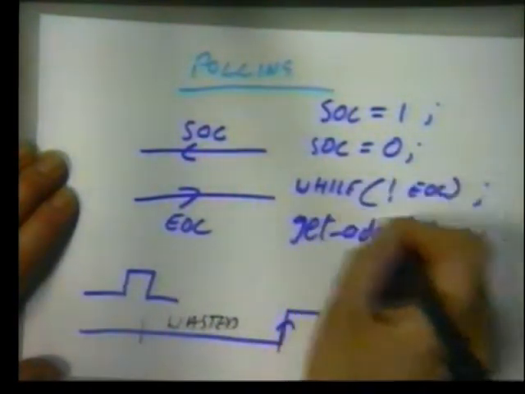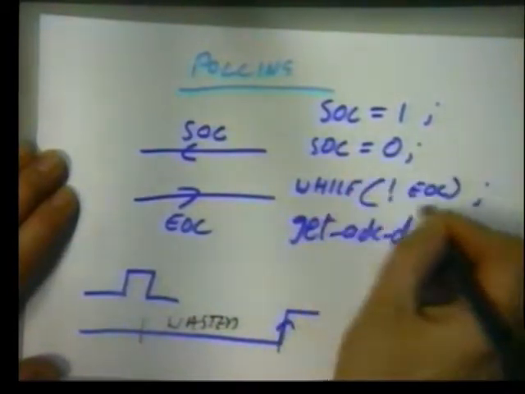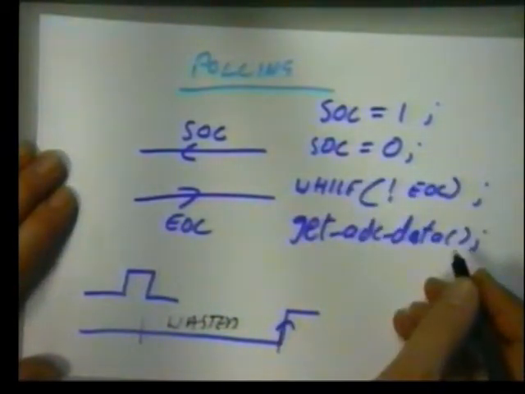It's just sitting there in this little loop, waiting for the end of conversion to occur. What a waste of time. What a terrible waste of processing time. You've got a cure for that now. You could use the end of convert signal and take it to an external interrupt. So what should we do?